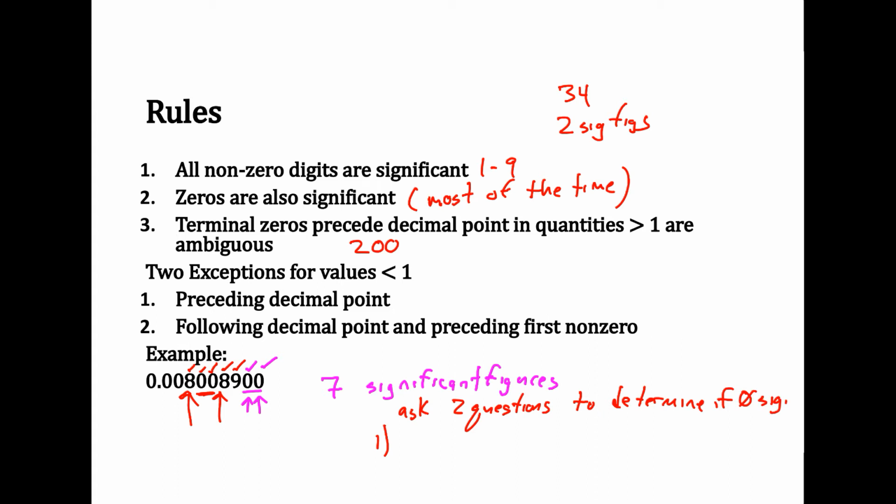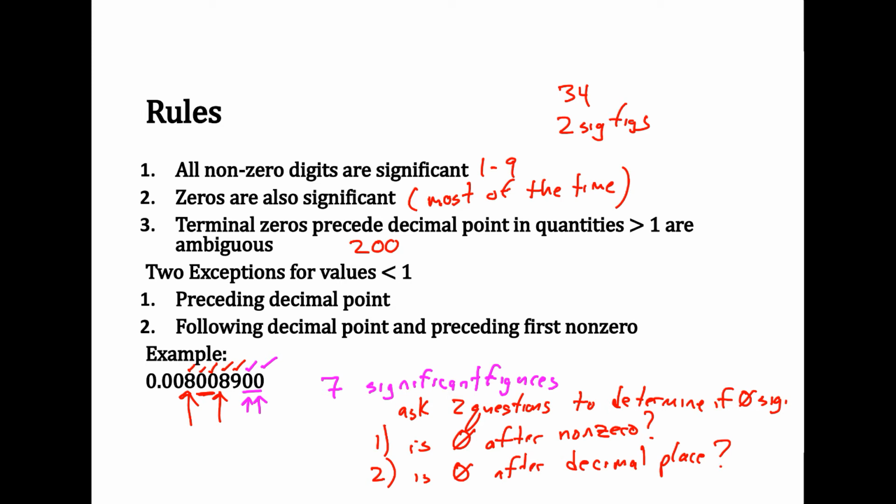First question, is the 0 after the non-zero? Second question is the 0 after the decimal place? If you answer yes to both of the questions, then the 0 is significant.